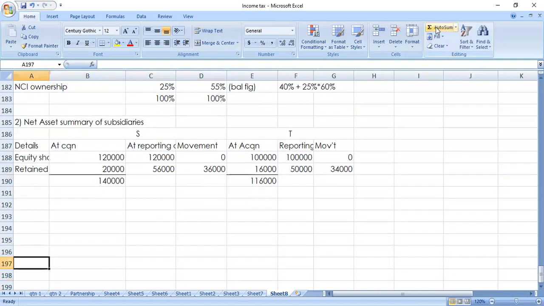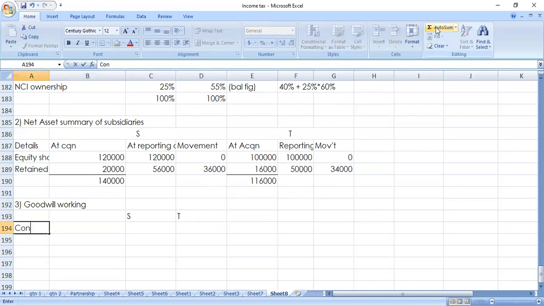Now after getting the net assets, our working three says you determine the goodwill. Goodwill working. Okay, for goodwill, we still have two subsidiaries, so we have a column for subsidiary 1 and a column for subsidiary 2.